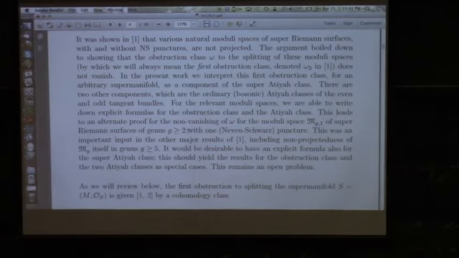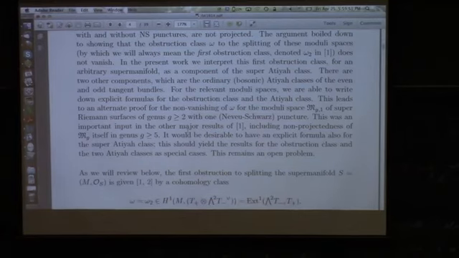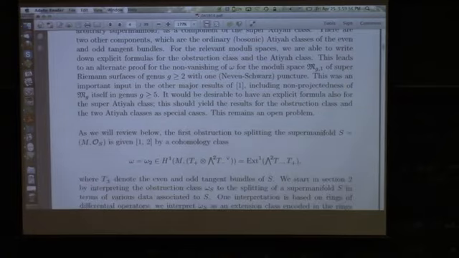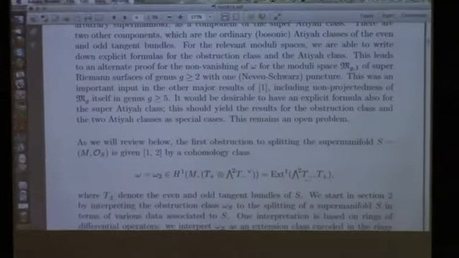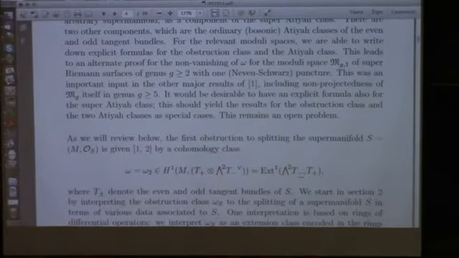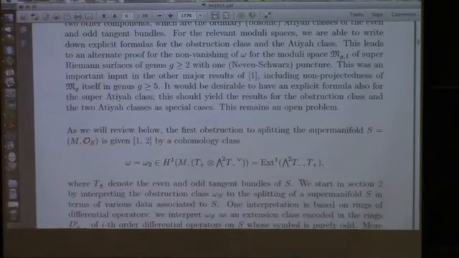This is a new paper that's going to be on the web on Sunday. So omega, the first obstruction class, is an H1 of this thing. It's an extension class between these two bundles, as I was just saying. Okay. I can give several interpretations of it.